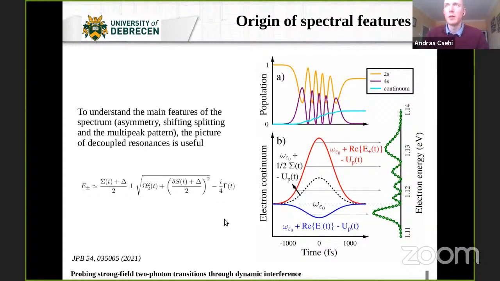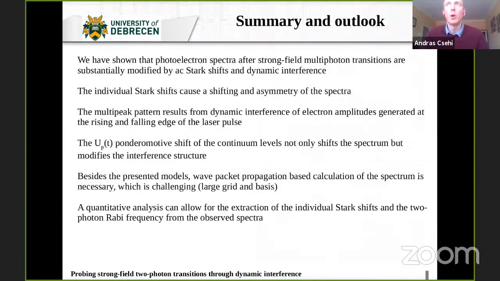And basically that is all I wanted to talk about. With this I arrived at my summary and outlook. We could show that the photoelectron spectra following strong field transitions are substantially modified by dynamic Stark shift and also dynamic interference.